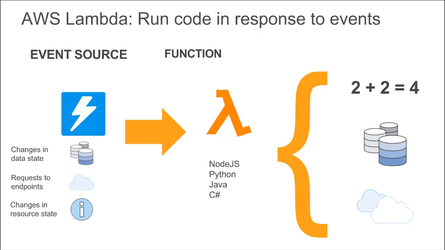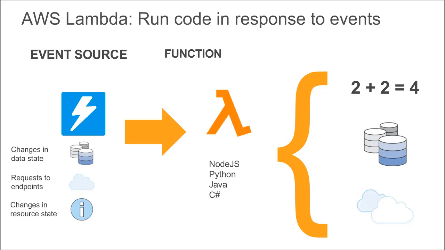So whether there's a change in state, like say your S3 bucket gets files added to it, somebody uploaded something, you could kick off a Lambda event due to a change of that S3 that it's got a new file or a file deleted. You can have requests to endpoints. So we can have ports that when someone hits a port, just like on a web server, when someone accesses the web server, that's a request to an endpoint.